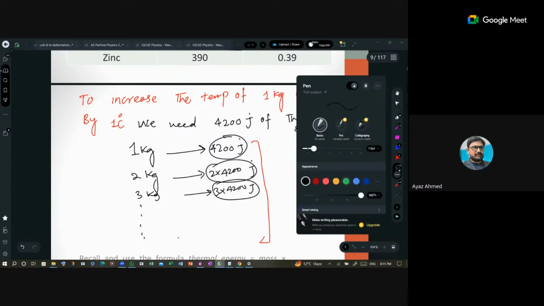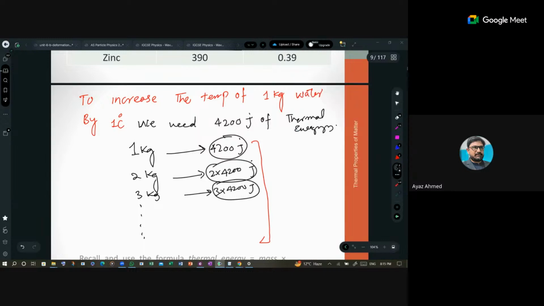Tell me, what is the price of 1 liter of petrol? Let's say it is 280. Let's round it off to 300.